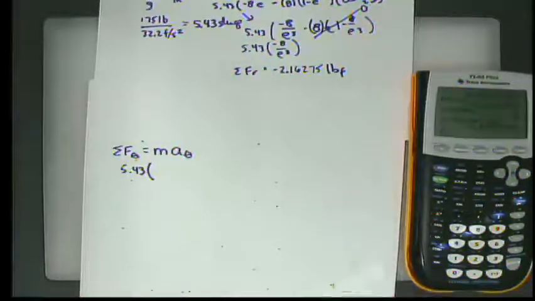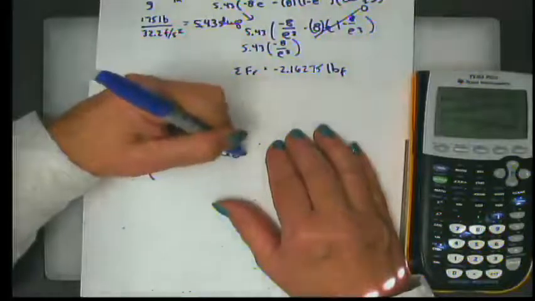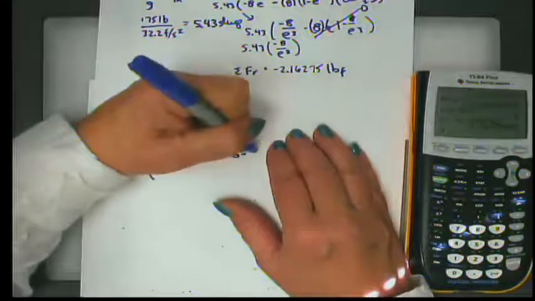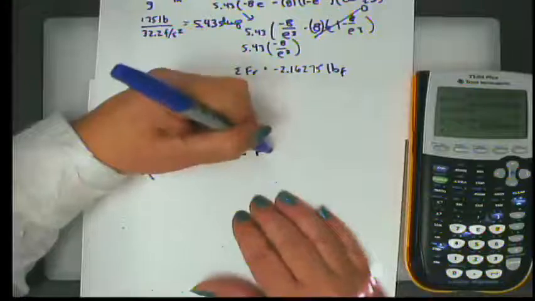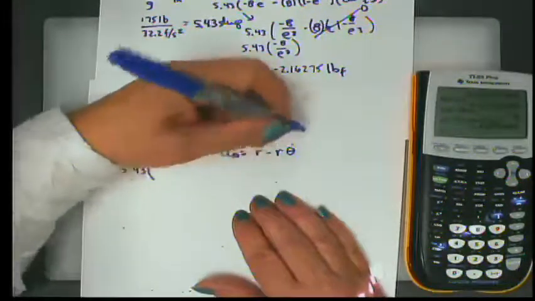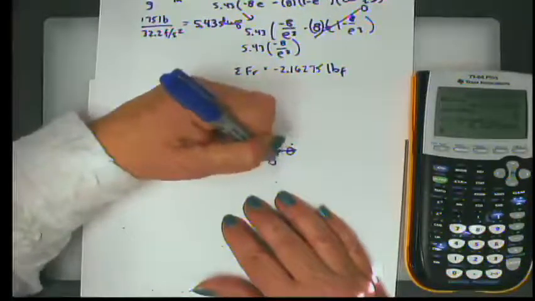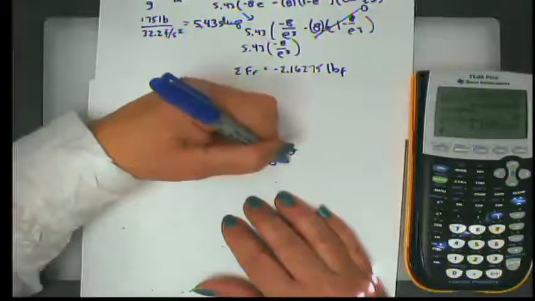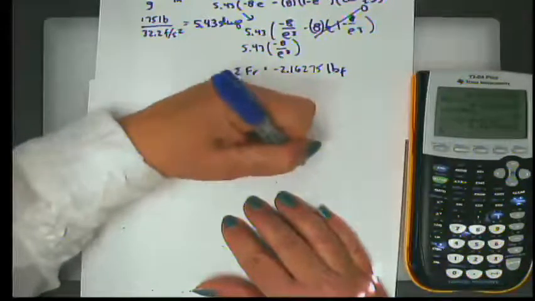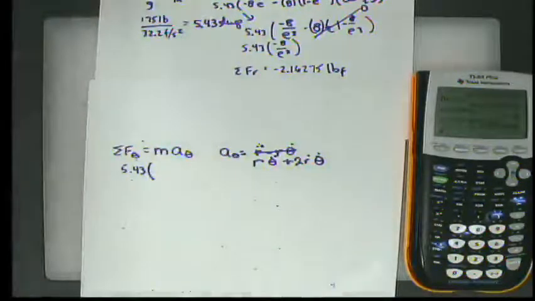And the formula for the acceleration in the theta direction is r theta double dot plus 2 r dot theta dot. Okay?